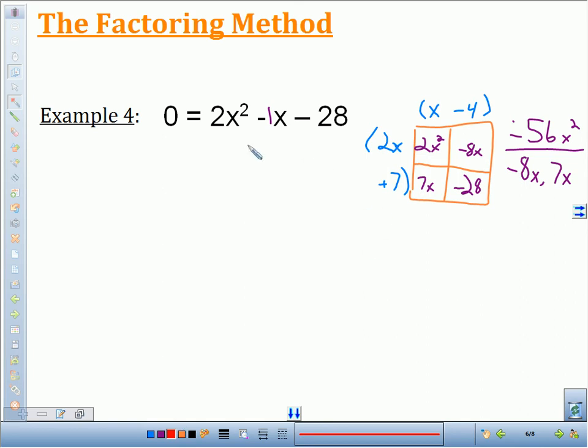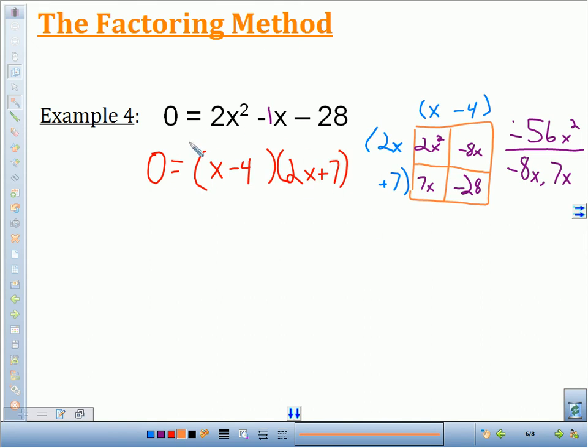We're going to use those factors because now I want to rewrite this equation using my factors. So I'm going to replace this trinomial with the equivalent factors. So this would be 0 equals x minus 4 times 2x plus 7.